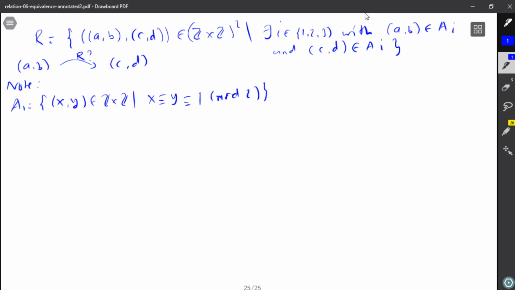Similarly, you could write A2 to be a set of pairs x, y such that x is equivalent to y plus 1 mod 2.